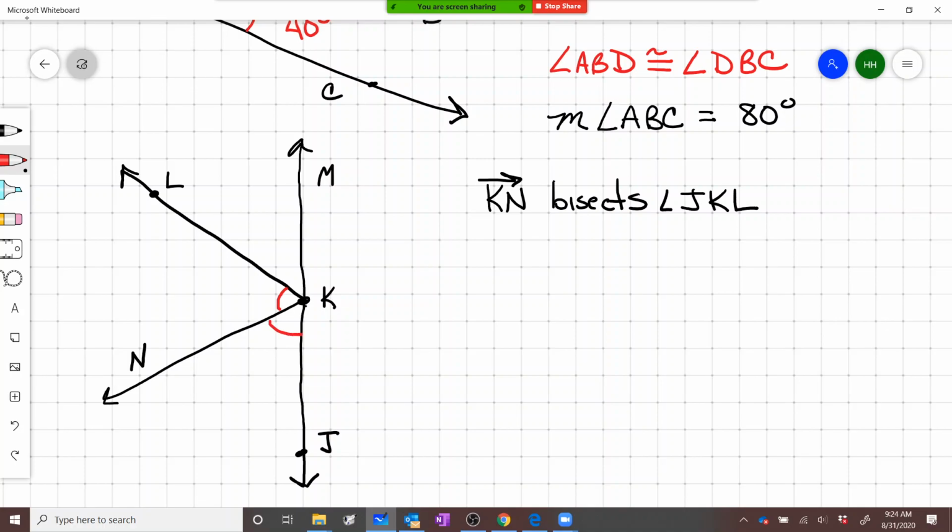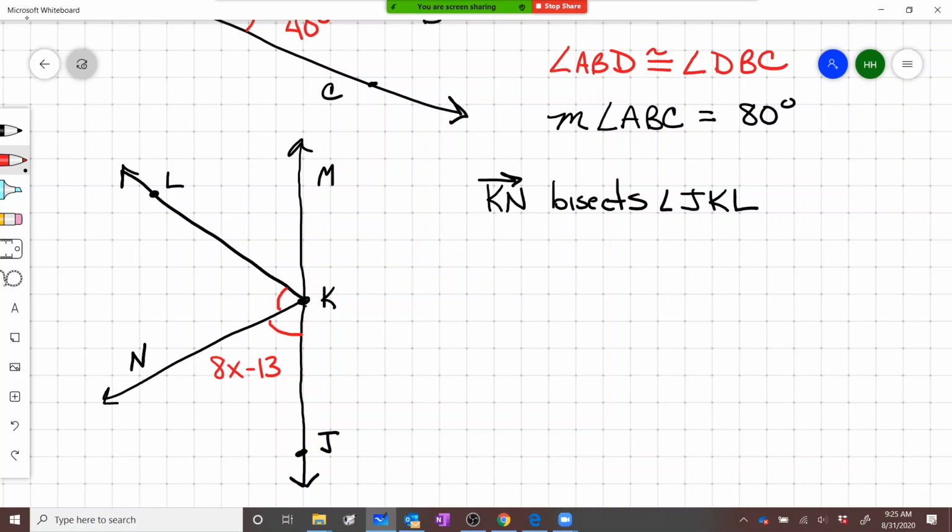See it? The measure of angle JKN is 8x minus 13.